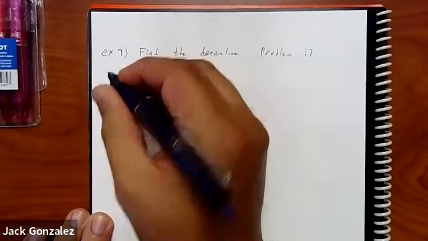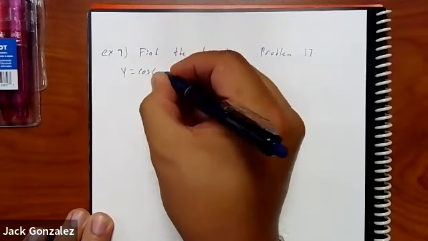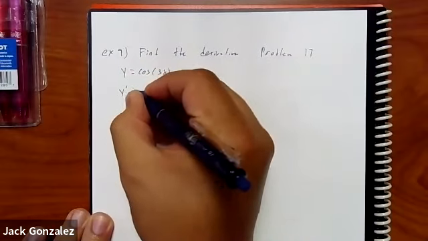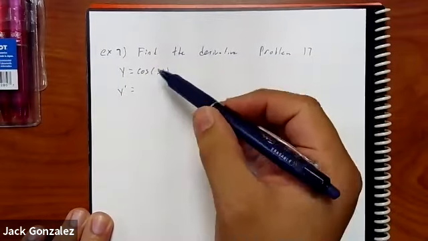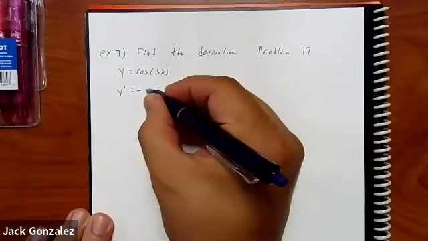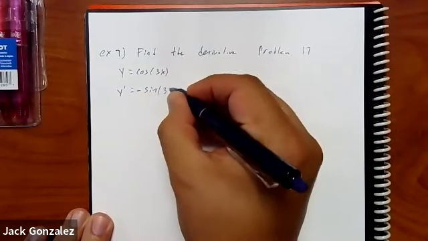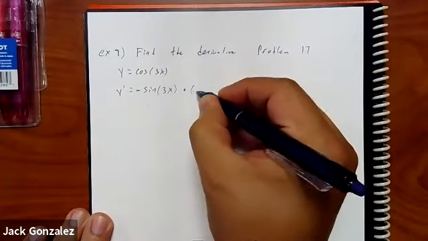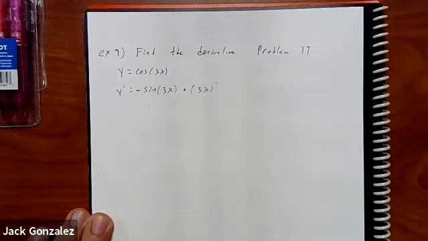So y is equal to cosine of 3x. So y prime will be the derivative of the outside. What is the derivative of cosine? So you don't mess with the inside just like before. Then you multiply by the derivative of the inside.